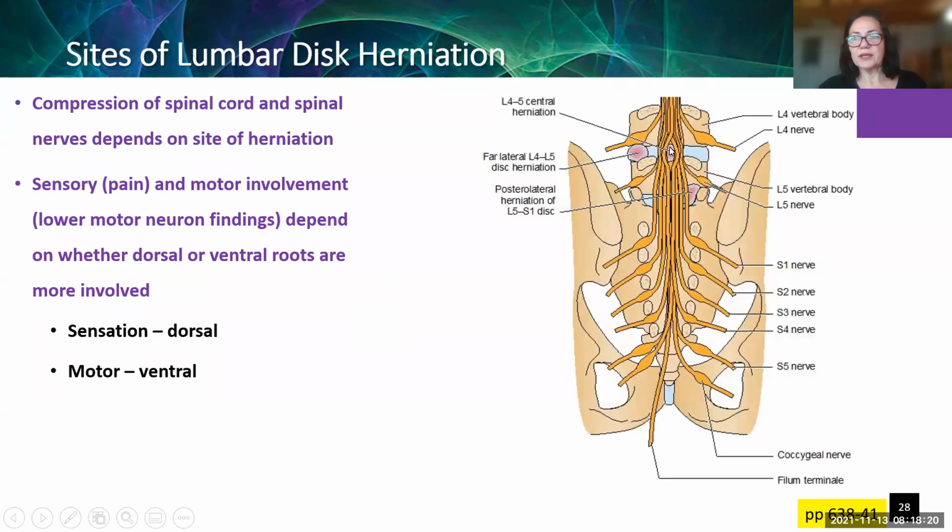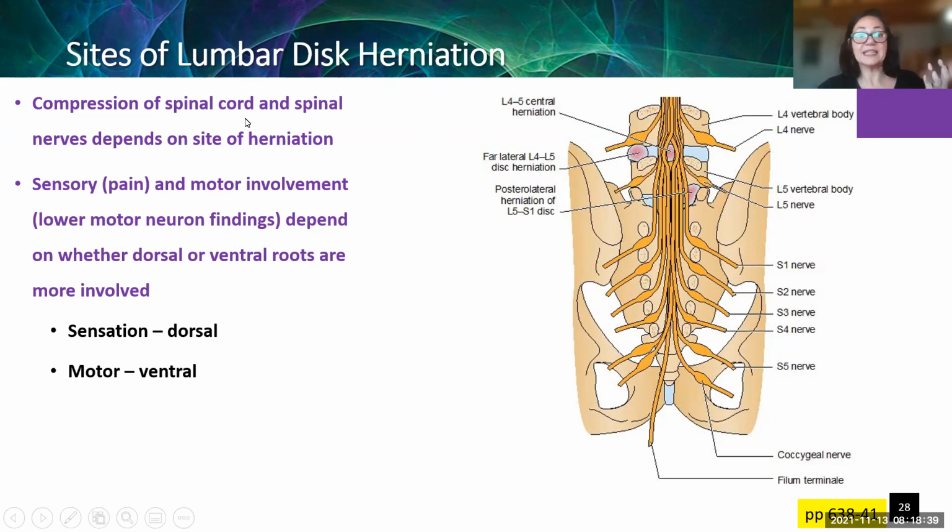So what we end up with is the disc, here in blue, sticking out somewhere. And the sticking out part is shown in red. Depending on where it's sticking out, it's going to impact what nerves it's pressing on.